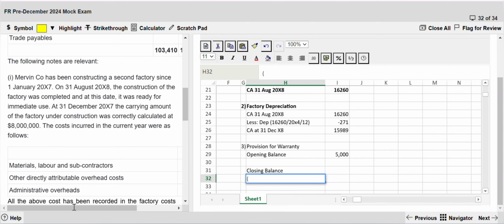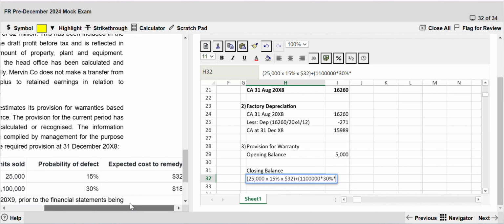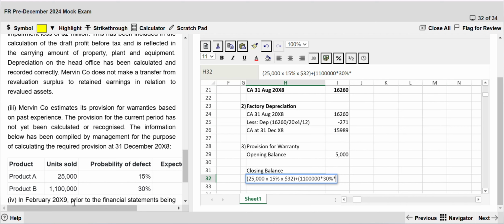Product A 25,000 into 15% into 32, plus 1.1 million into 30% into 18. This should be our closing balance.